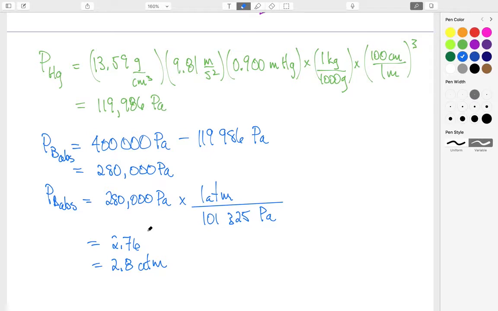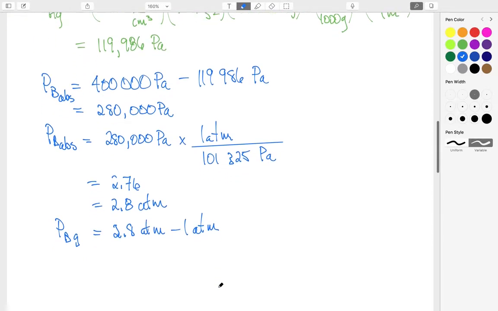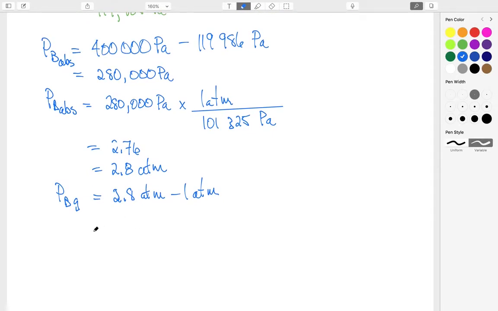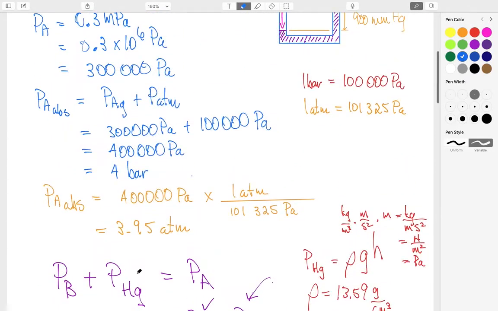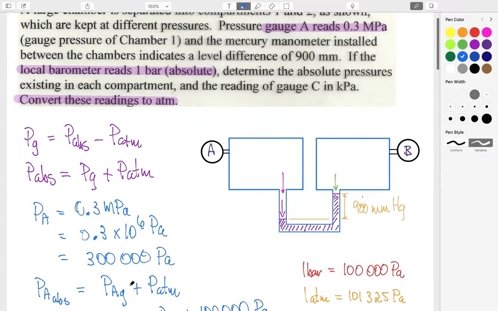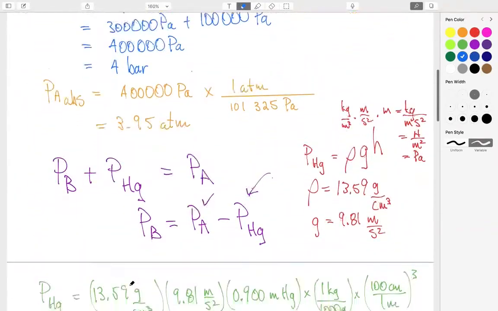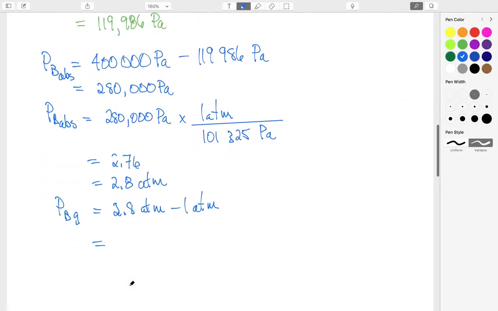So if we want this answer in gauge, P_B gauge is just the amount over atmospheric. So P_B gauge would be 2.8 atmospheres less 1 atmosphere, which is the pressure of the surroundings. And we get, my apologies, the local barometer reading's 100,000 pascals.